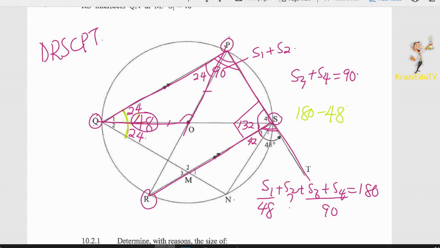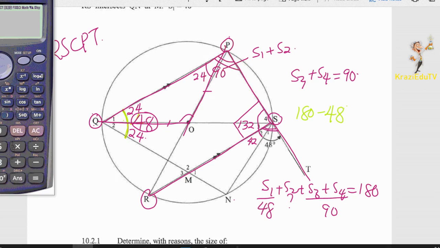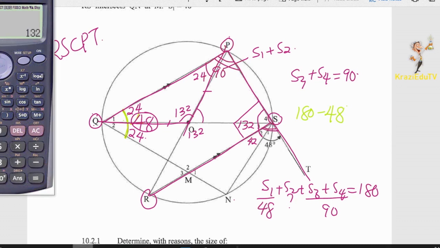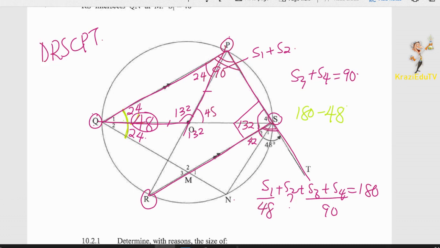Therefore, I can get that angle by saying 180 minus 48, and that gives me 132. Which also makes this angle 132, vertically opposite angles. And this makes this angle, look, we're getting all the angles we can get, angles on a straight line, 180 minus 132, which gives me 48. This gives me 48, and vertically opposite, 48.